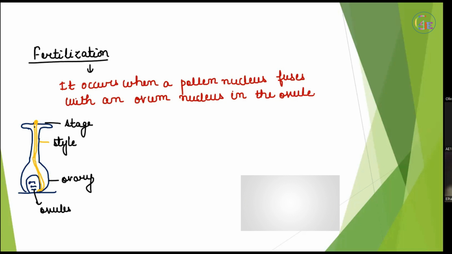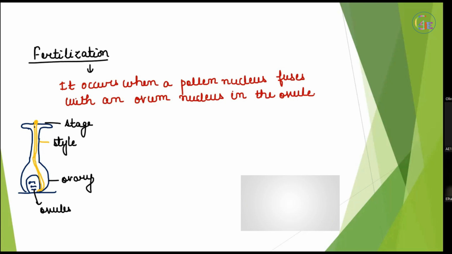Done. Okay. So you have written till now that the nucleus of the pollen has reached the ovary, right? Okay. So what will happen? The ovary now contains one or more ovules. It depends on the flower. Some flowers have only one ovule, whereas some can have many ovules within it. Each contains an ovum.